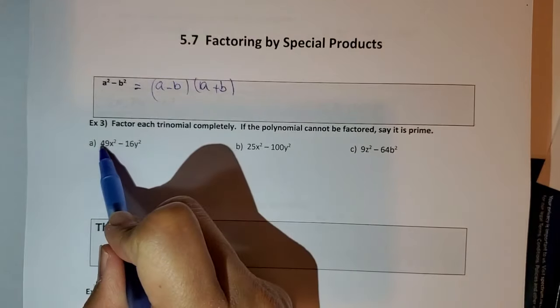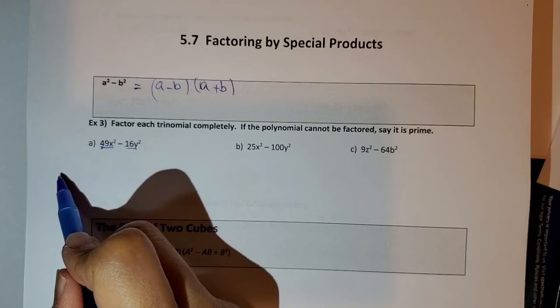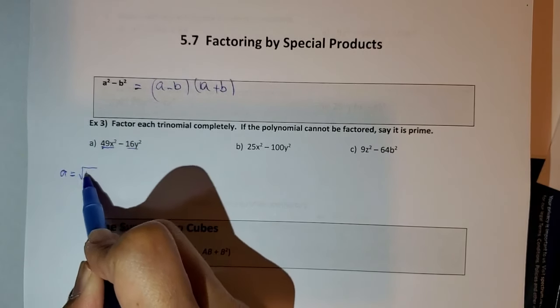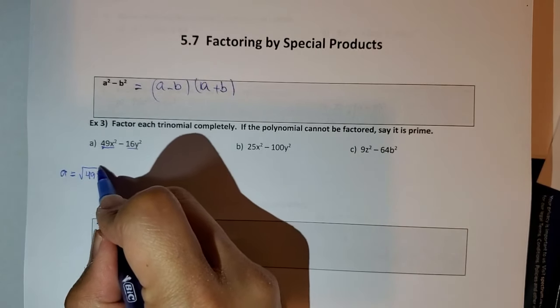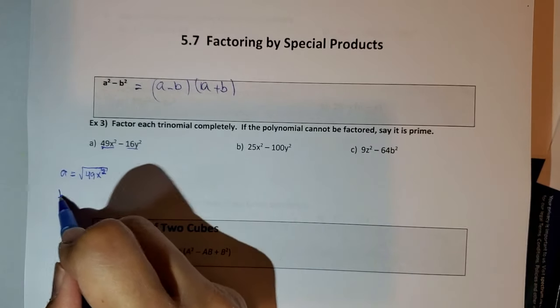So if you look at here, this represents your a, the whole thing. This represents your b here. So to do this one, you find a, you take the square root of that, and then you do the same thing with b.